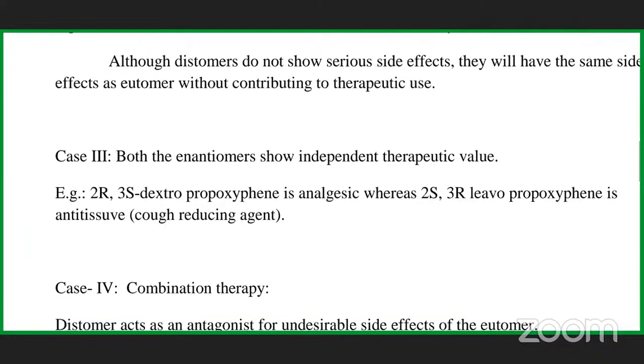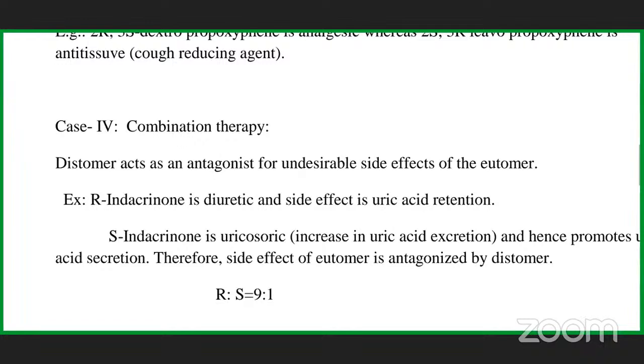Next, case number 4, combination therapy. This is a different category, where the distomer acts as an antagonist for undesirable side effects of the eutomer. For example, indacrinone is a diuretic, and its side effect is uric acid retention.